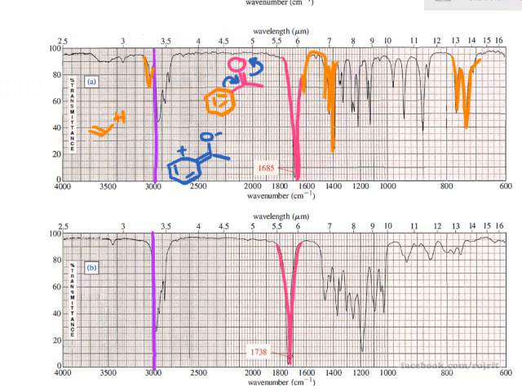But when you see the carbonyl group beyond 1730, this is the character of ester, right? So the carbonyl of ester appears beyond 1730 always.